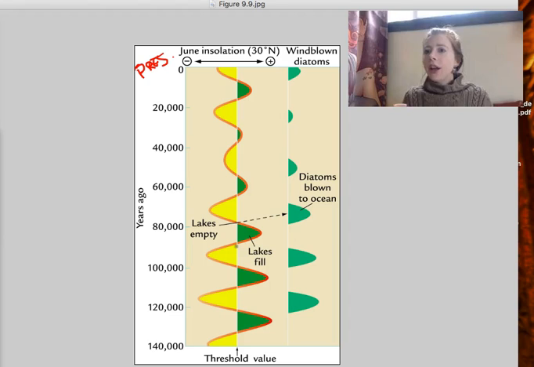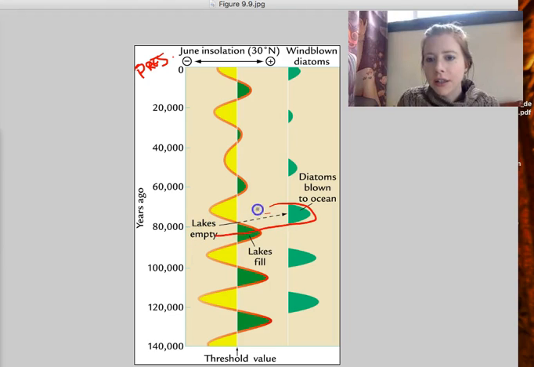And so if we look back at ocean sediment cores off the coast of Africa, we can see that aligning with these drier conditions, there's of course a little bit of a lag, but aligning with these drier conditions of empty lakes, we find a relatable thickness layer of diatoms. And so that's some geologic evidence of weaker monsoon cycles.